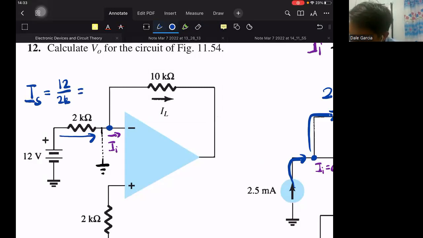That is also the value for IL. So the problem is solved.